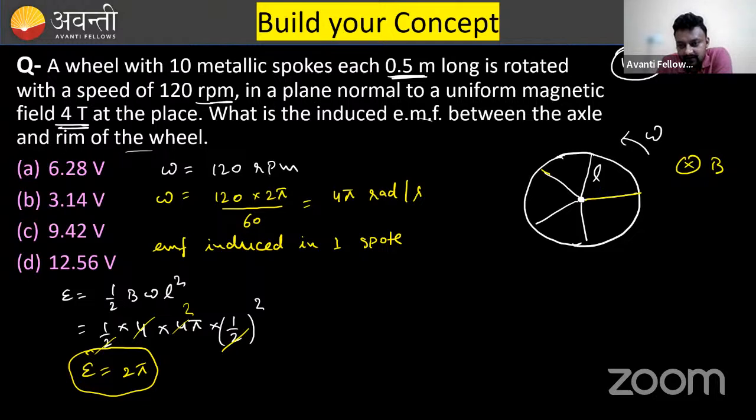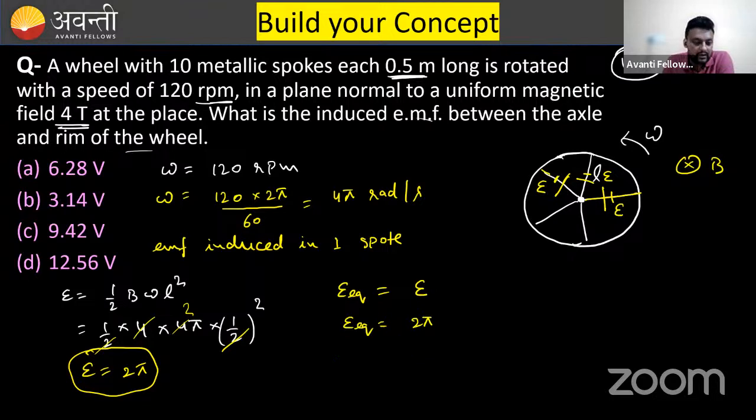Similarly, this one will behave like a cell, this one will also behave like a cell. All these cells are going to be identical, and they are connected in parallel. Remember one punchline: when n identical cells are connected in parallel, their equivalent EMF is the EMF of one cell only. That means the equivalent for 10 cells is also going to be 2 pi.